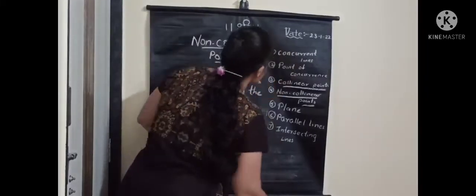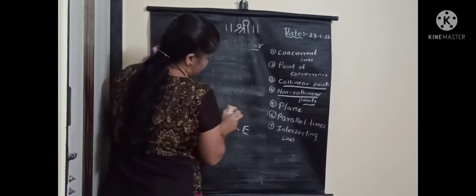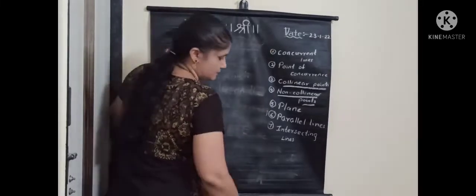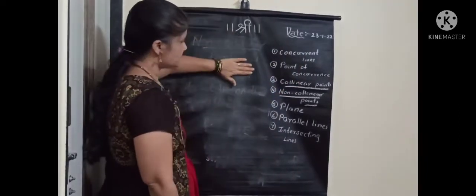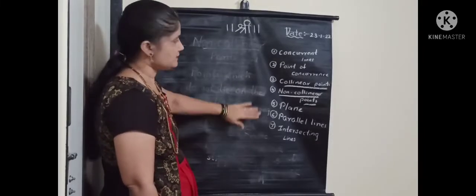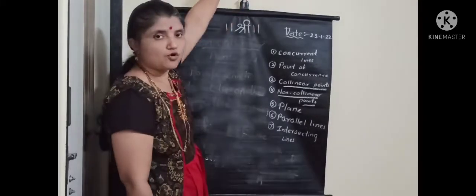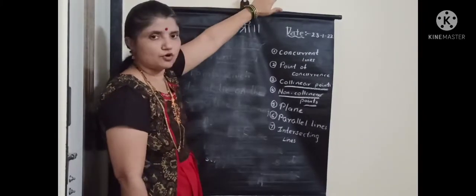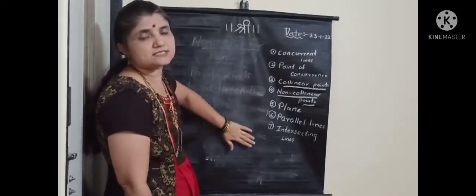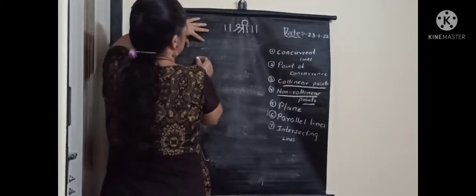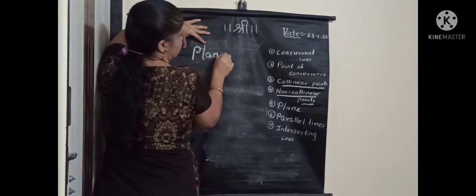Now let us study plane. Look at this flat surface. This is a blackboard. In the same way, in your house you have a wall, a table, a cupboard. All the surfaces which are flat are called planes. Any flat surface is called a plane.